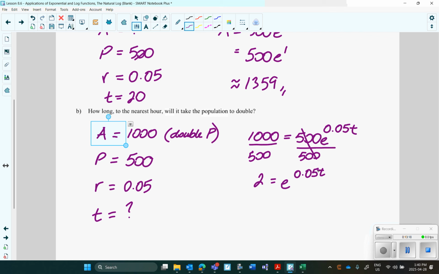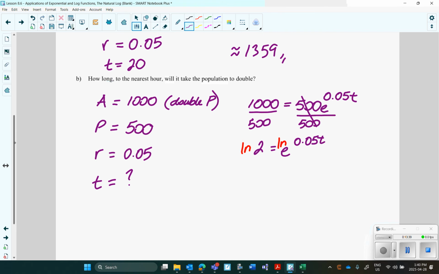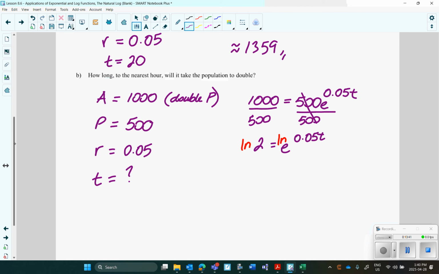Now, log or ln both sides? Why do we ln both sides? Because we're dealing with the base of e. Because we have to put them in log form in order to use a log law to bring this down.